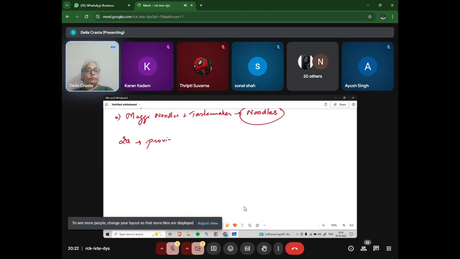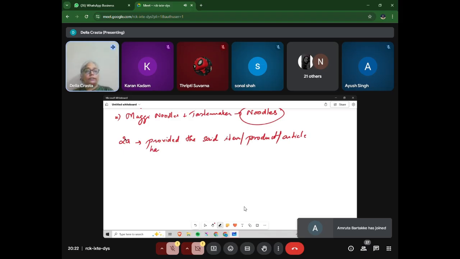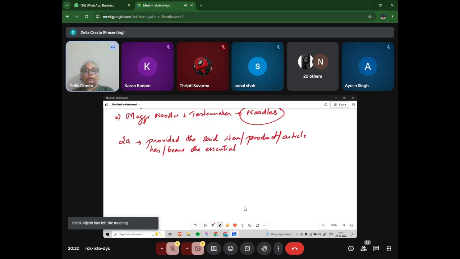Provided the said item or product or article has or bears the essential characteristic of the finished article.